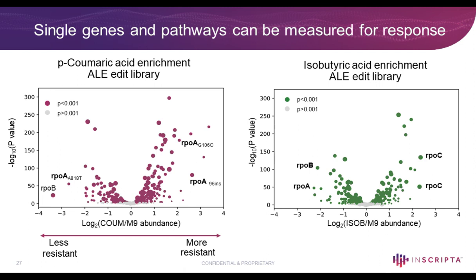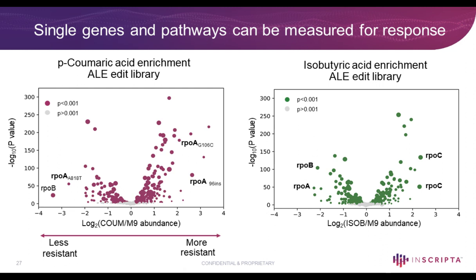So let's focus in on this. rpoA is part of the RNA polymerase machinery, and here I've drawn out even more to make clear some of the actual mutations in rpoA that the coumaric acid response gave us. These individual point mutations that are made, we can do insertions, which I've shown are recapitulated from an ALE experiment, and individual point mutations, which can be either enriching or depleting.